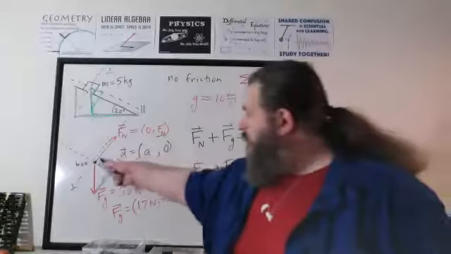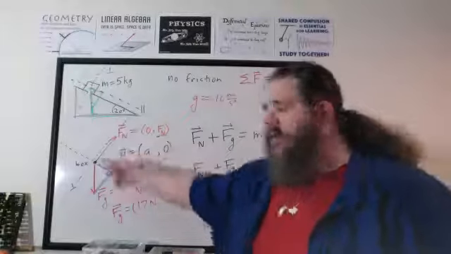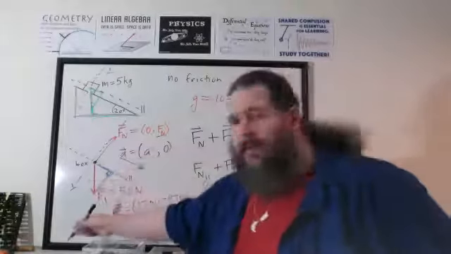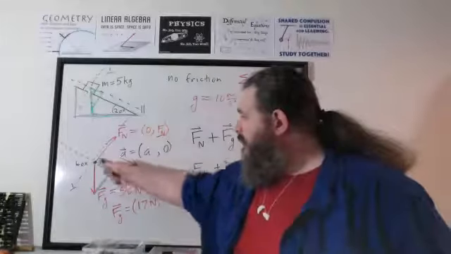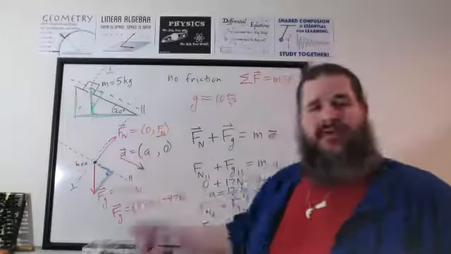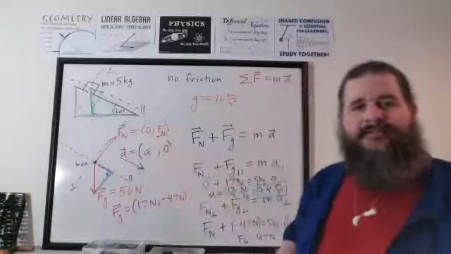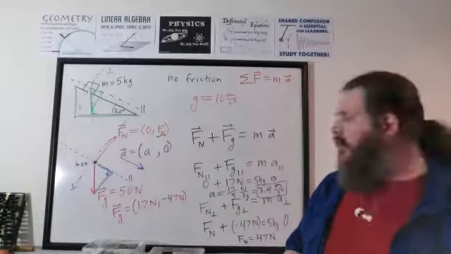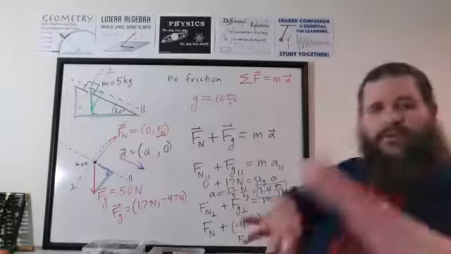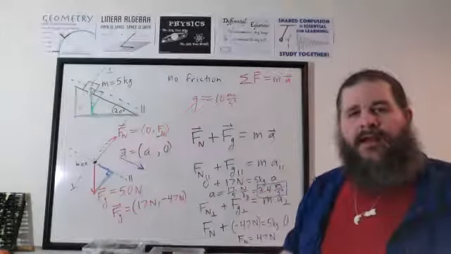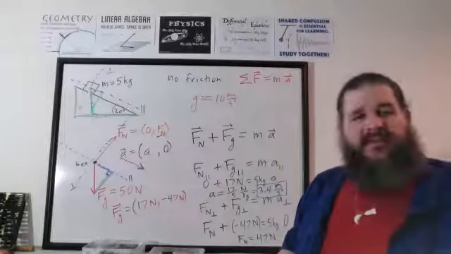So the normal force is 47 newtons because it's got to counteract not all of gravity, but just the perpendicular component of gravity. And whatever is left, the parallel component of gravity, is the total force that provides the acceleration. So we now know how strong the object is pushed into the surface, 47 newtons worth of contact force. And also we know how fast it's going to be sliding downhill.